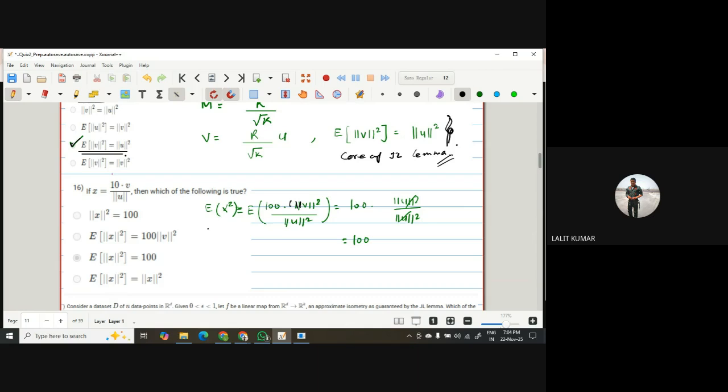Expectation goes inside. And we know expectation of V square is U square. U square cancels. So expectation is 100. And professor had explained also, if you go to the notes, you will find that if you put the value of X like this, then expectation of X comes to K.